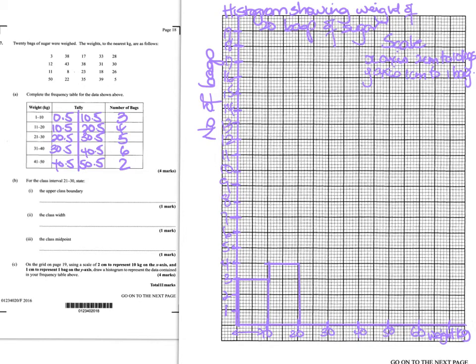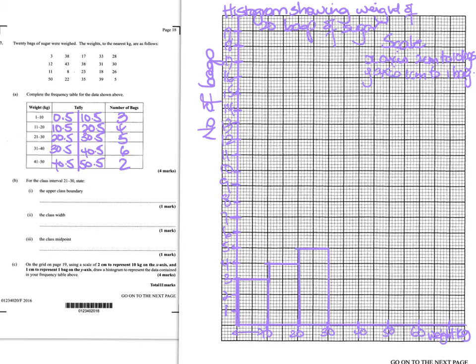So halfway between, not exactly on the 20 line, halfway between going up to 5. And then we have 30.5 going up to 5. So halfway between, and we have 30.5 going up to 5. 1, 2, 3, 4, 5. Right, so not on the line with 30, but halfway between 30 and 31.